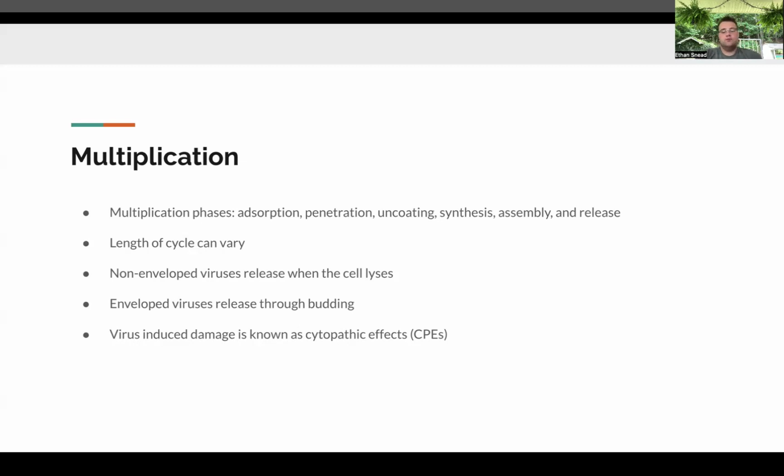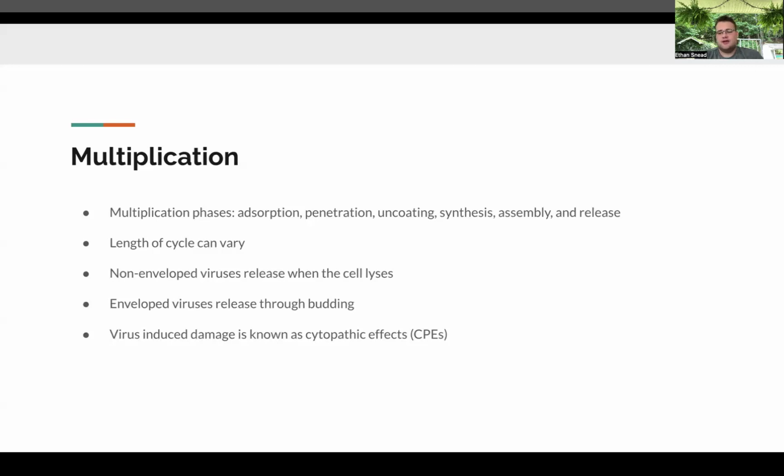When we get to the release stage, in non-enveloped as well as complex viruses, the cell lyses, which means that when it reaches maturation the virus is violently protruded from the cell, or it ruptures, basically leaving the cell pretty messed up.